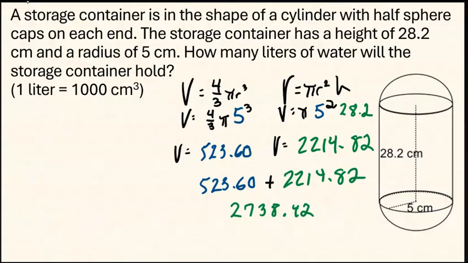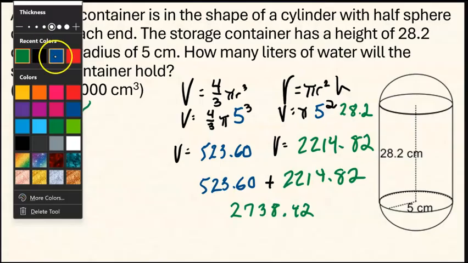Well, for every 1 liter we have 1,000 centimeters cubed. The metric system is awesome for stuff like this. So what I have to do is divide, because I am in centimeters cubed and I want to go this way, so the number is going to get smaller. That's why I'm dividing.